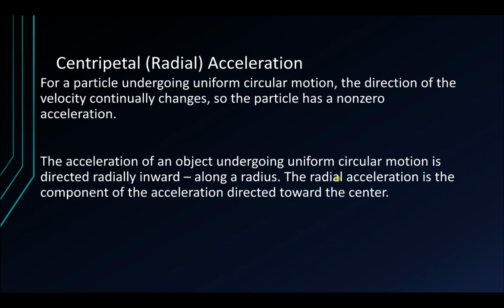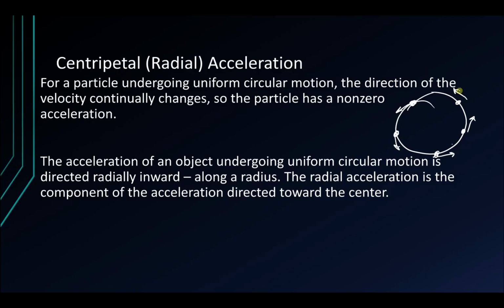So what is centripetal acceleration? For a particle that is undergoing uniform circular motion, the direction of that velocity is continually changing, right? So if I have an object, imagine that's a closed circle, and it's moving around a circle. That linear velocity is continually changing. It may not be changing in magnitude, but it is absolutely changing in directionality.